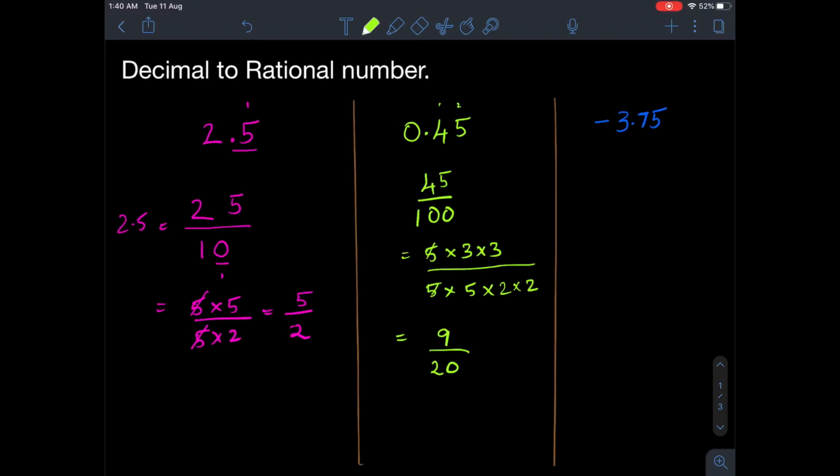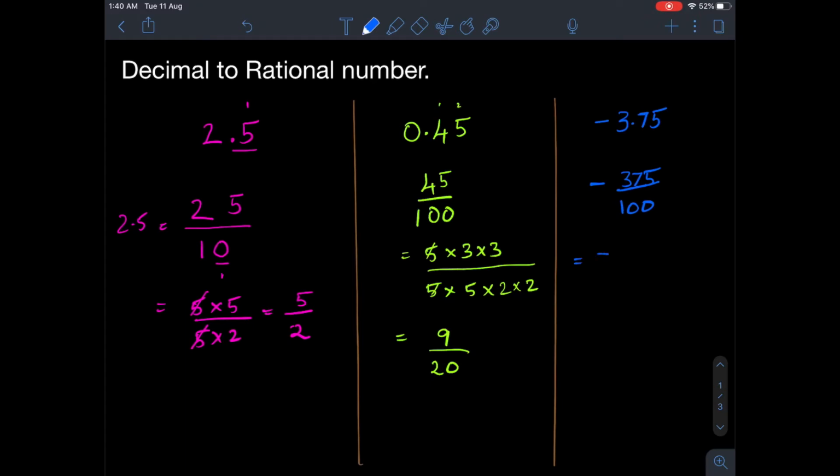And what happens if I have a negative decimal value? How will I write it as a rational number? So I'll write negative 375, and then since I have two digits after the decimal point, I'll divide it by 100.